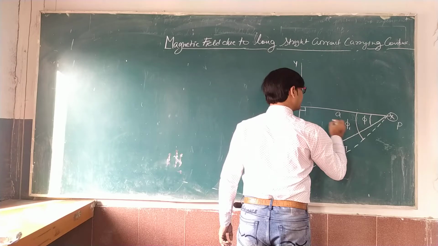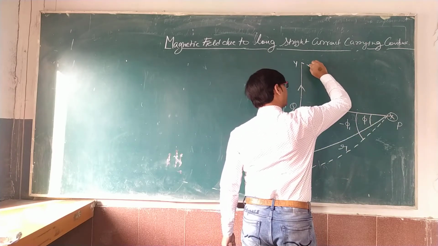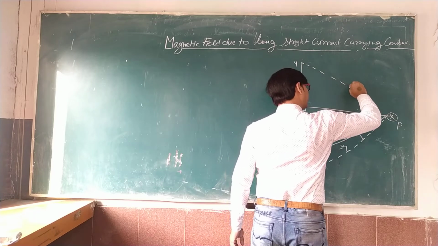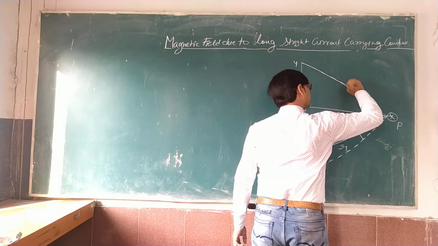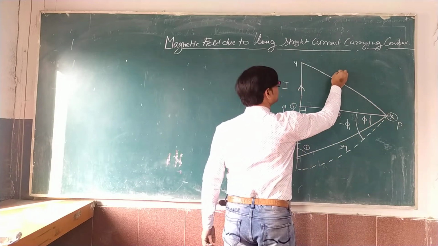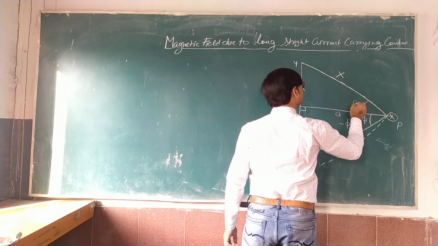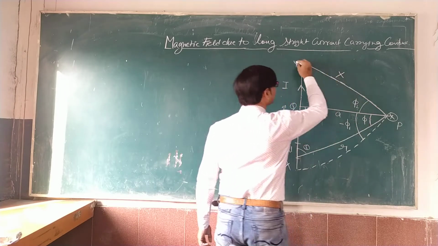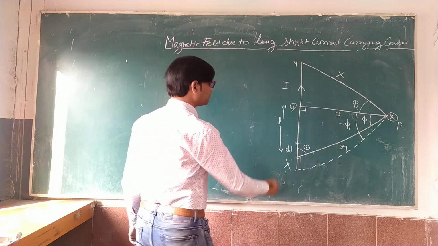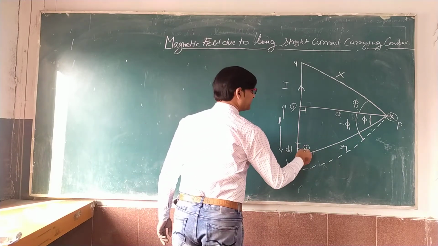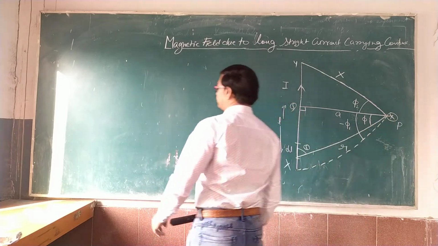We are considering phi 1 is negative, and from Y let the distance be x, and this is angle phi 2. So let us first of all calculate the magnetic field of dl at this point.